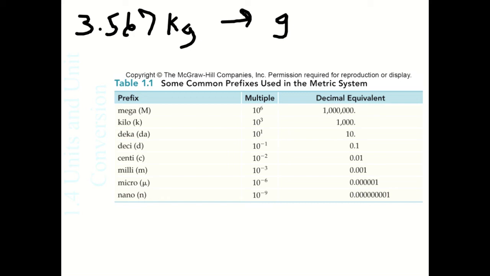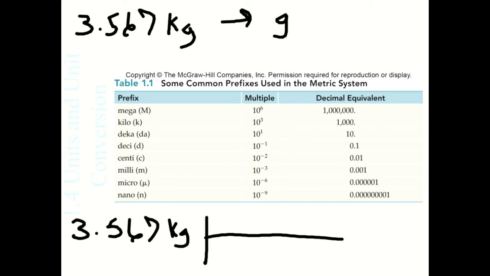You have to find out how many. So I set up my conversion. I always start with what I'm given, 3.567 kilograms. I want to convert it to what? Grams. So they go on top, right? What goes on the bottom? Kilograms. What numbers do I put here?